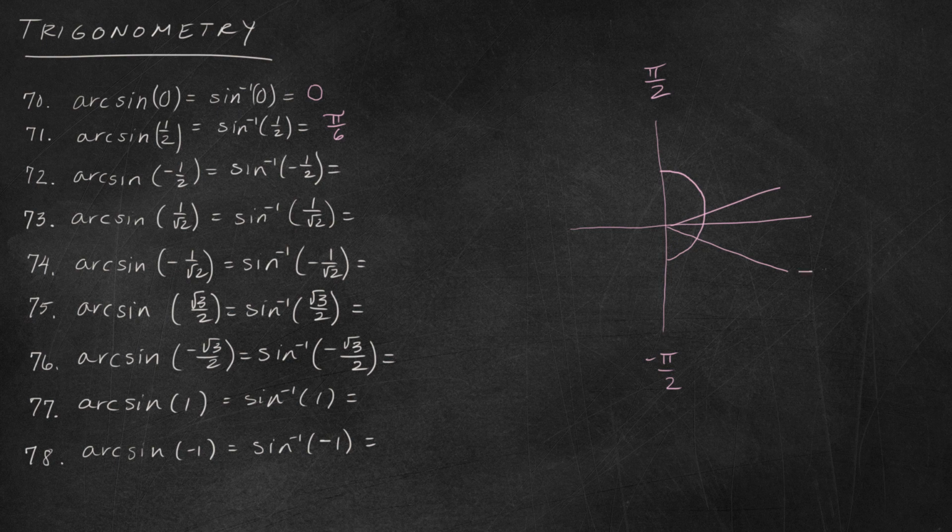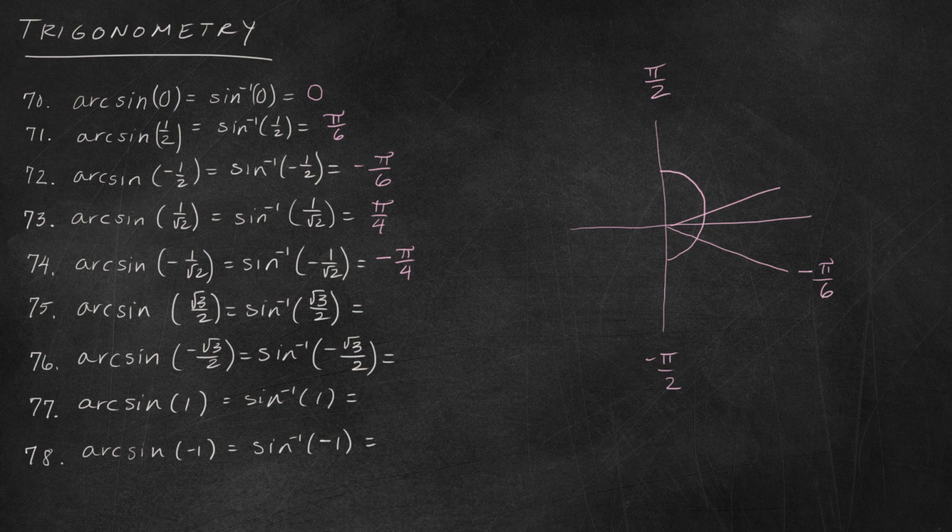We have to go with -pi over 6 instead. -pi over 6. Arc sine of 1 over root 2. What angle has a sine equal to 1 over root 2? Pi over 4. Arc sine of -1 over root 2, -pi over 4. Again, we have to give an answer between -pi over 2 and +pi over 2.